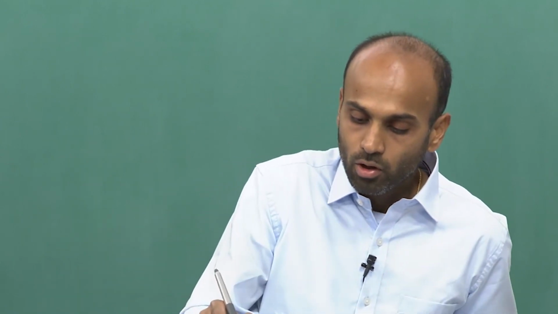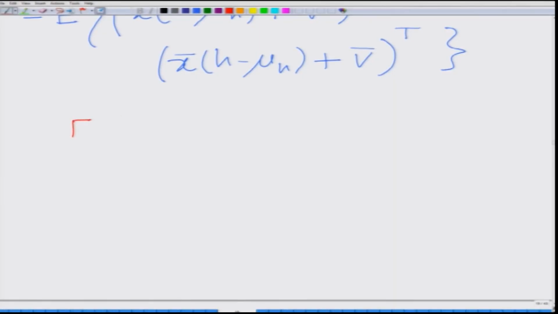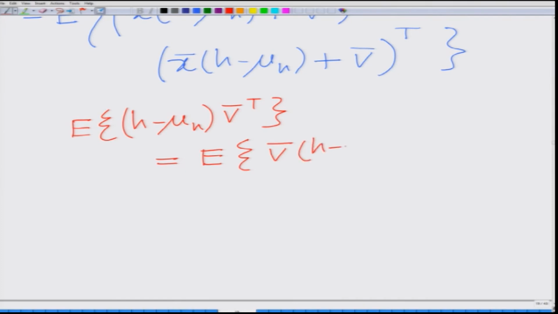We are going to make the assumption that expected value of h minus mu h times v bar transpose equals expected value of v bar into h minus mu h is equal to 0.